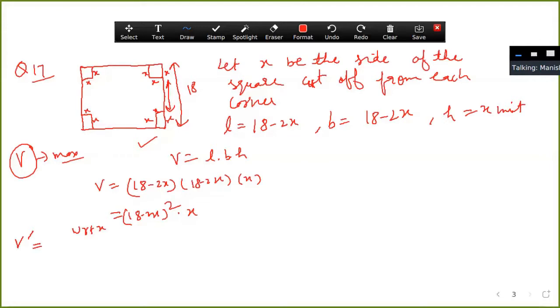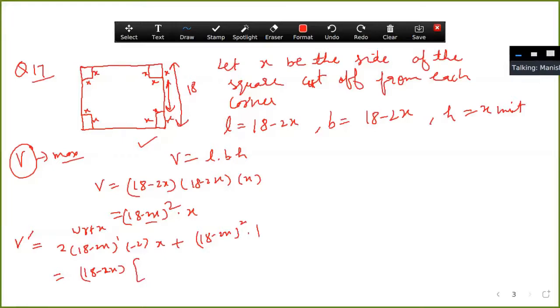What is the derivative? That is 2 into 18 minus 2x, power becomes 1. Derivative of this again is minus 2, and x as it is, plus 18 minus 2x whole square as it is. Derivative of x is 1. Here 18 minus 2x you can take common, it becomes easy, and here you will get minus 4x and 1.